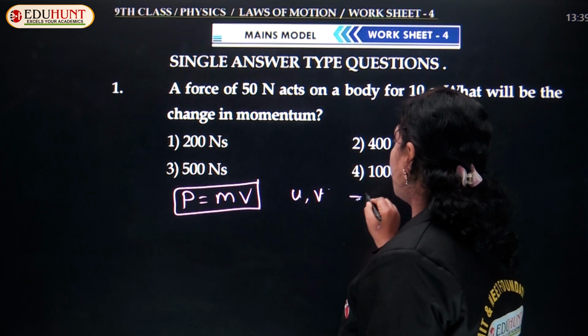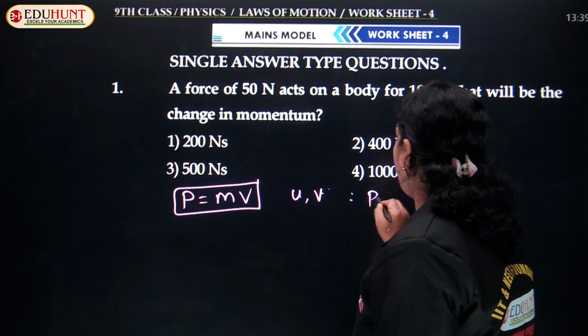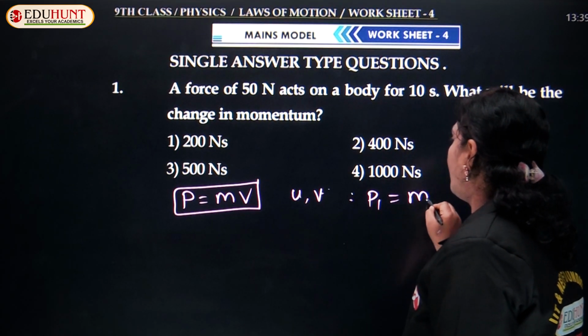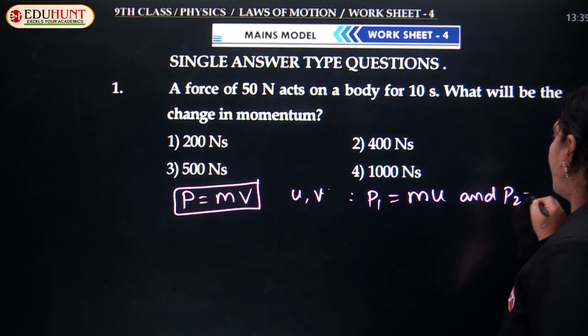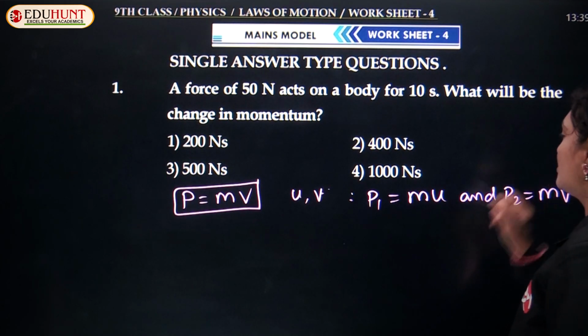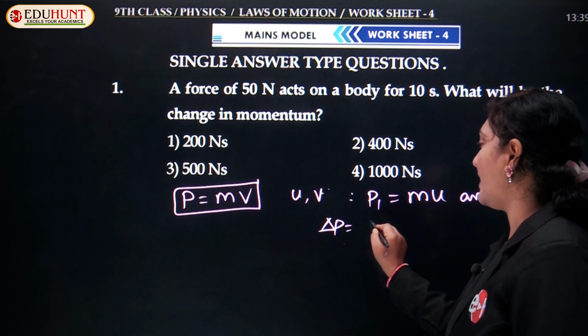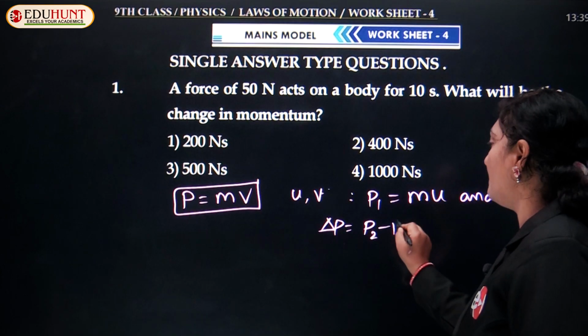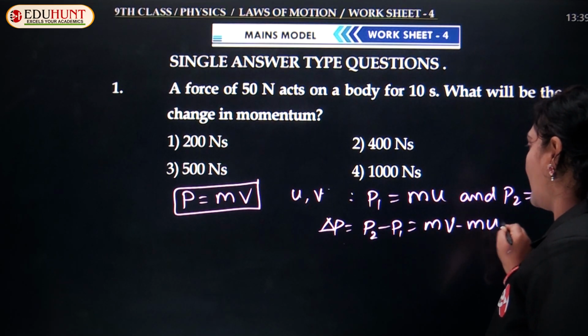Then initial momentum will be mass of the body into initial velocity, and final momentum of the body equals mass of the body into final velocity. Then change in momentum can be given as final momentum minus initial momentum, that is mv minus mu.